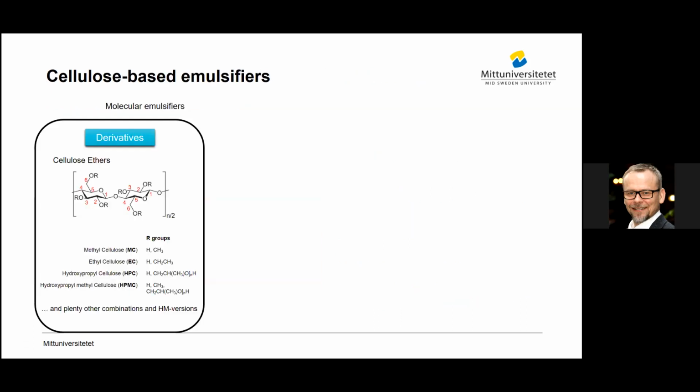And if we look in the history, we have a lot of cellulose-based emulsifiers. Actually, we have, for instance, these cellulose ethers that have been used for that purpose also. And there are plenty of them. You have methyl cellulose, ethyl cellulose, hydroxypropyl cellulose, and HPMC, and plenty of other combinations.